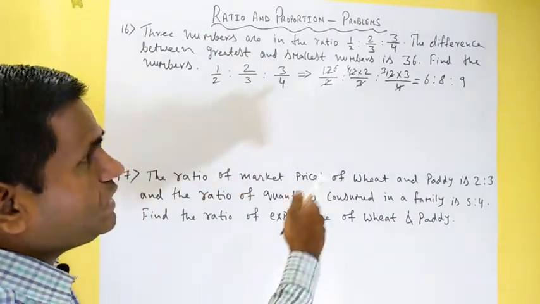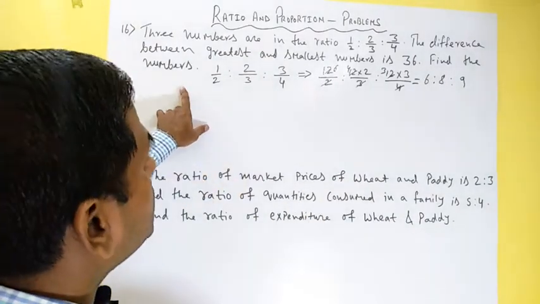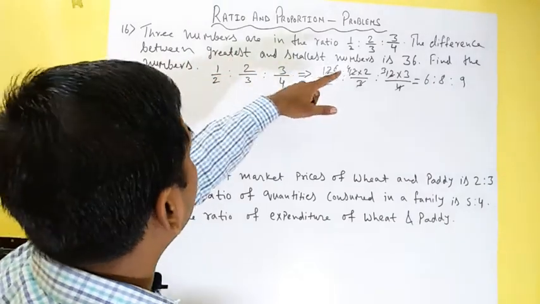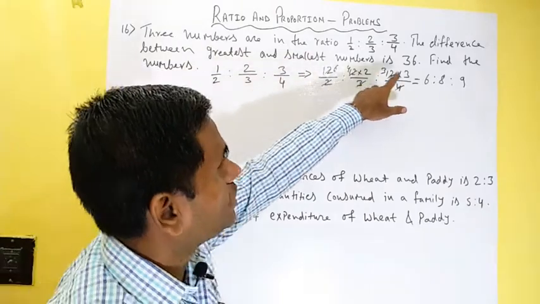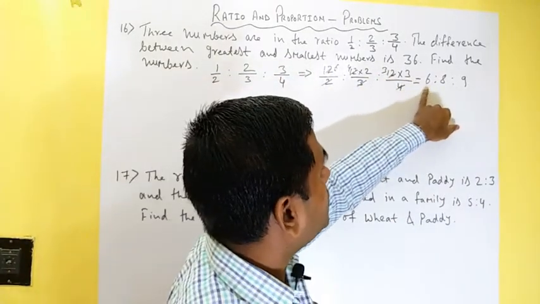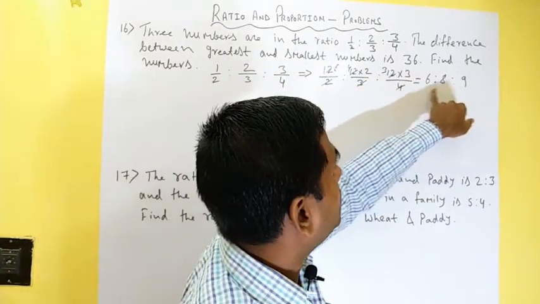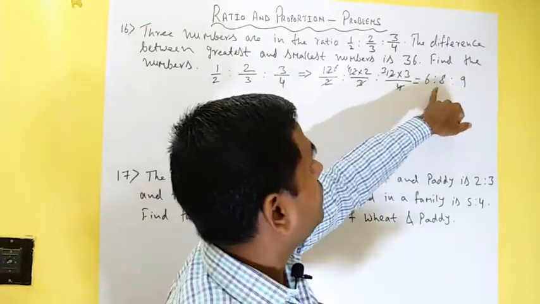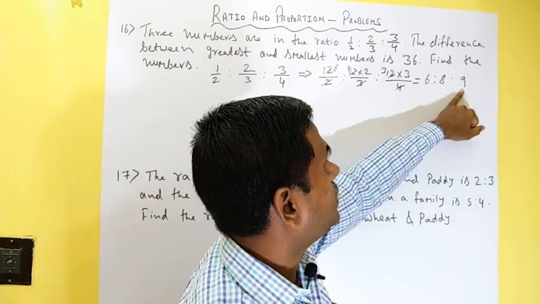Here it says find the numbers, and the difference between the greatest and smallest is 36. We can very clearly see this is the greatest and this is the smallest in the ratio. If we multiply by a coefficient, a variable, it will become the number.